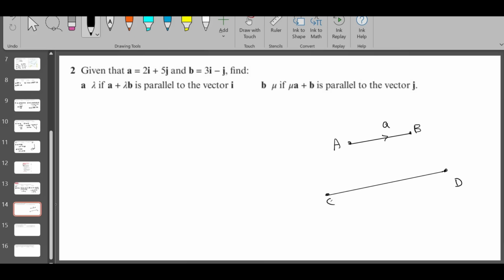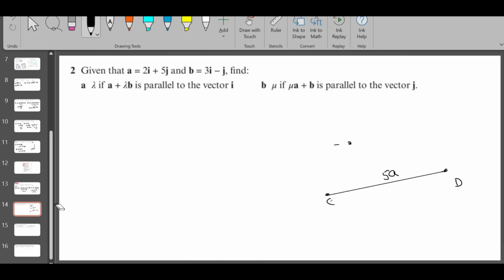What do I mean by that? If this is a, this should be some number times a. Or we can take another vector here, EF vector, that's 1 over 2a. The number can be a fraction also. So for two vectors to be parallel, there should be a scalar multiplication of each other.